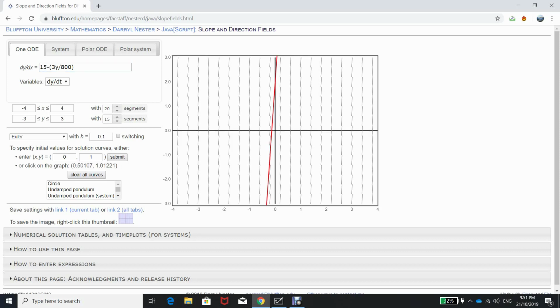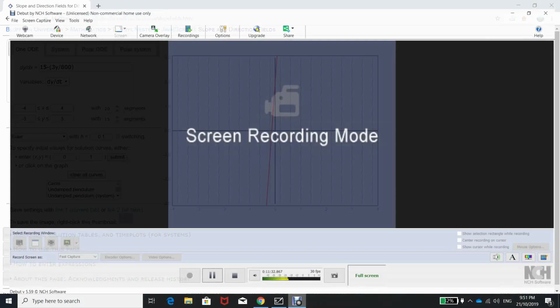So this graph represents the final equation, which actually determines the amount of the solution in the tank at any given moment of time.